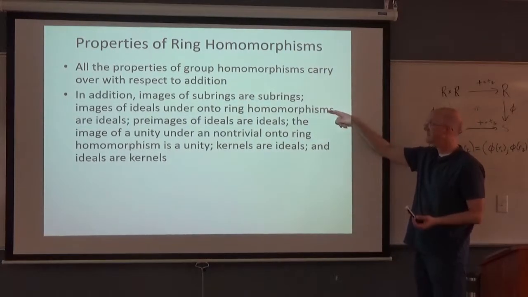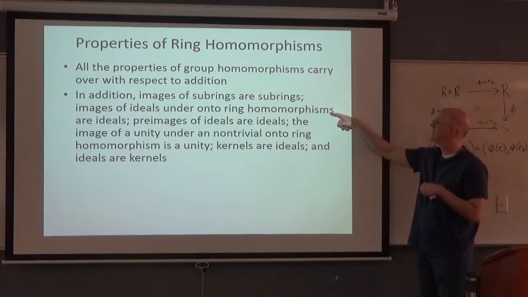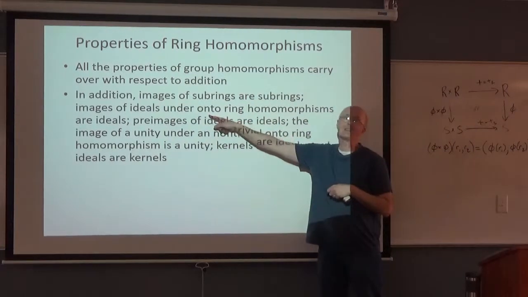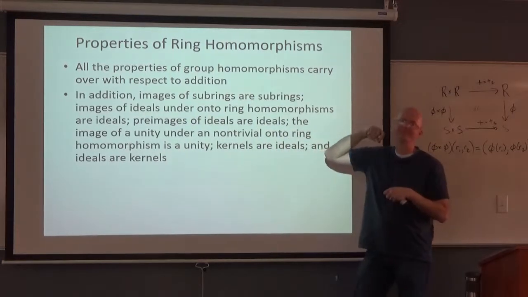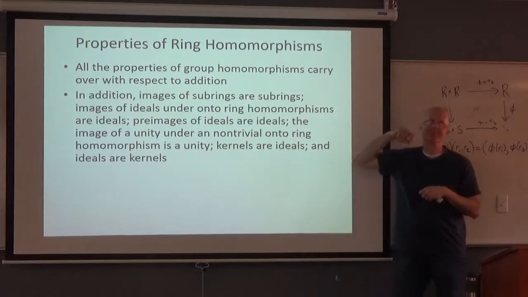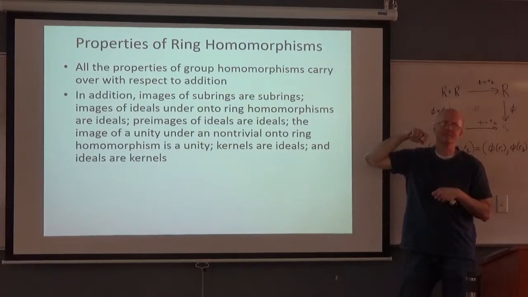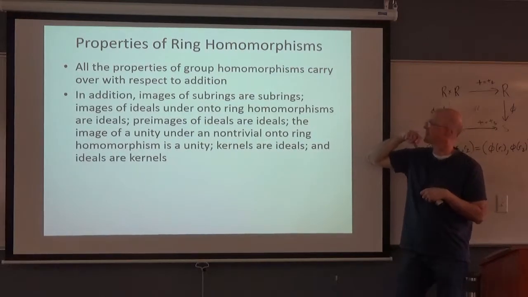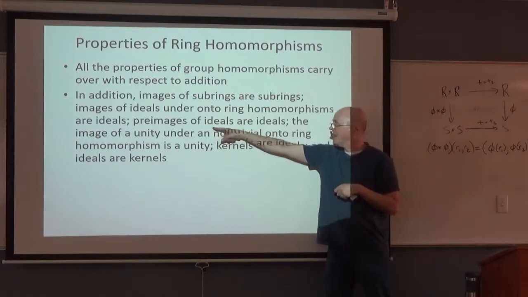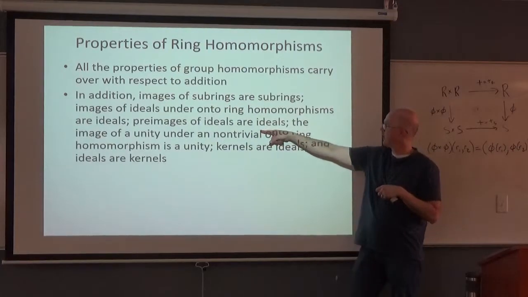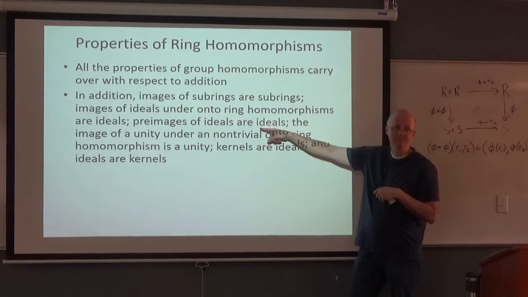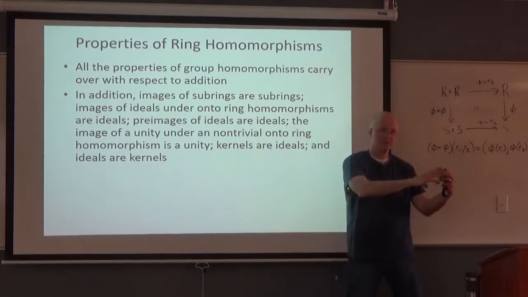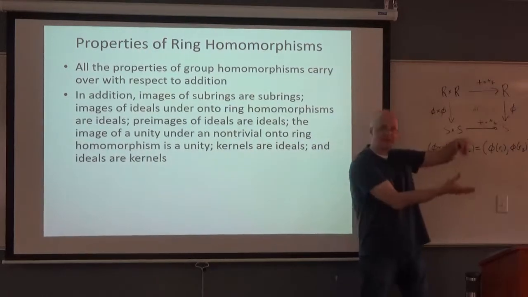Images of ideals are ideals when the homomorphism is onto, actually. It's got to be onto. It doesn't have to be 1-to-1. Pre-images of ideals are ideals, and there's no restriction on it being onto there. Pre-image: everything in the domain that gets mapped into the given set.